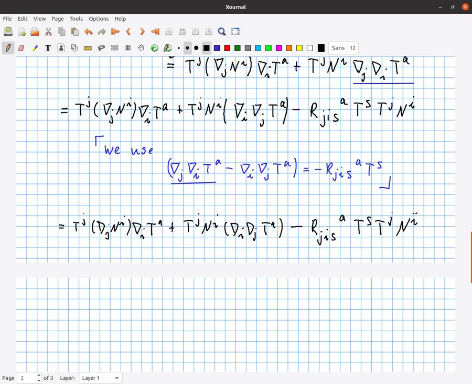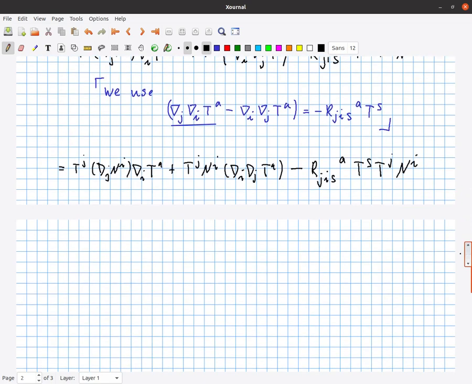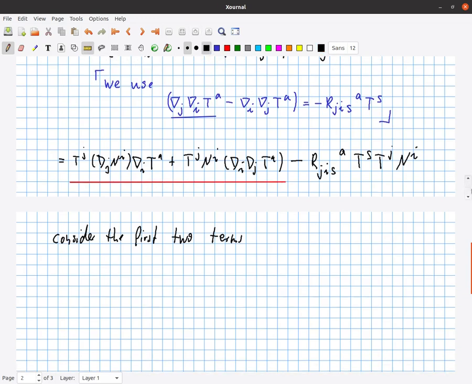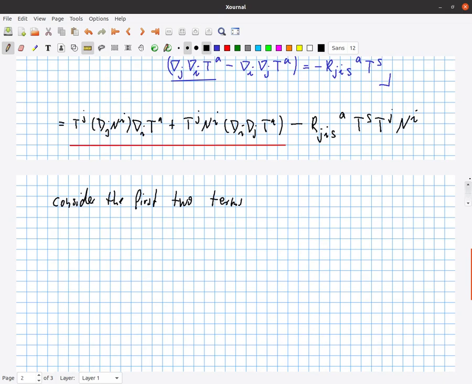I now want to look only at the first two terms. These two here. And what I want you to look at is the particular combinations here.